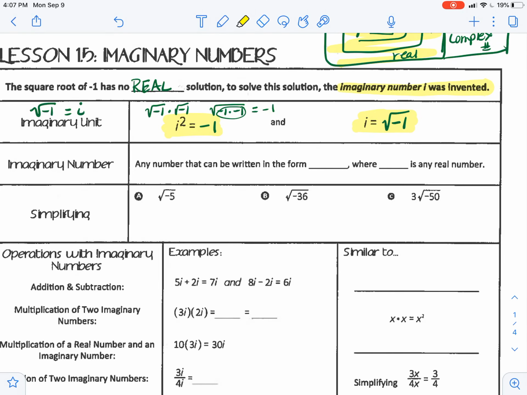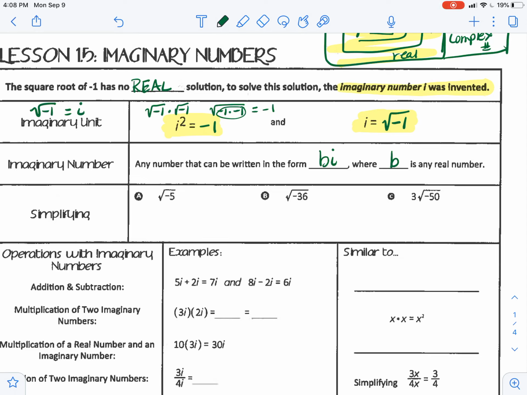Okay, so any number that can be written in the form of bi, where the b is a real number. So we're going to have a real number, and then for the imaginary part we're going to attach an i to it. That might not make very much sense, so let's just jump into a problem.